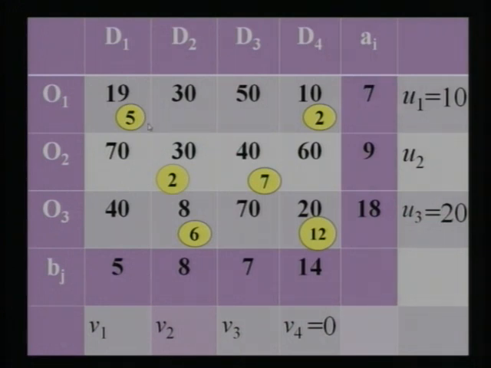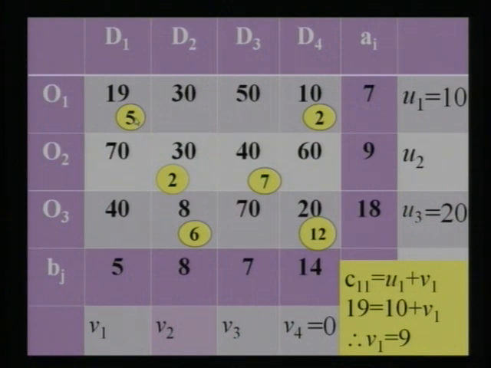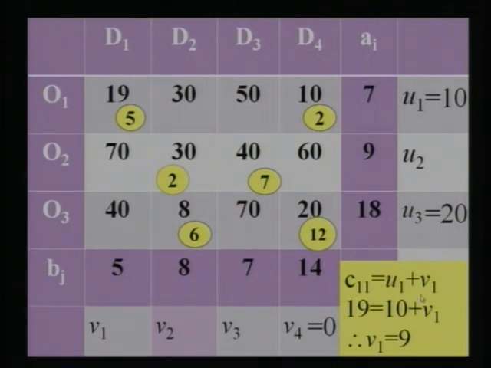In this cell, cell 1,1, the formula C11 is equal to u1 plus v1. As you know, u1 is known, that is 10. What is C11? 19. So v1 becomes 19 minus 10, that is 9. So v1 is equal to 9. You understand now? So u2 cannot be calculated before we calculate the other values.